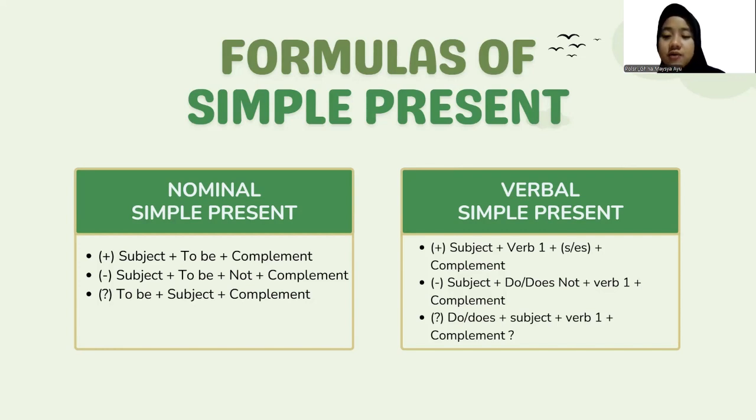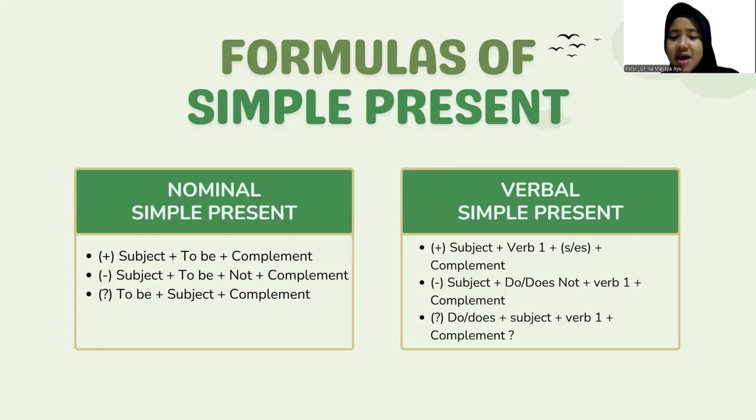Now let's hop on to the verbal simple present formula. Like the nominal, we also have the positive, negative, and interrogative here, but the difference is the structure of the sentences. For the verbal positive, we have subject plus verb one plus s or es at the end of the verb, and then the complement.